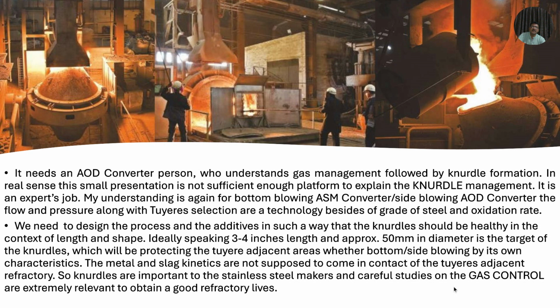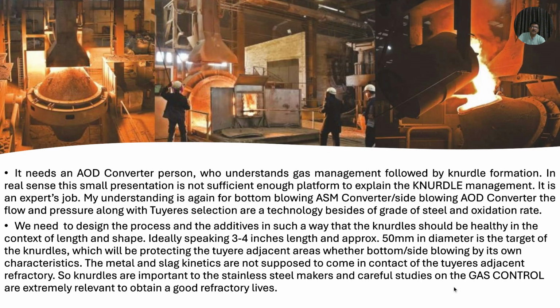My understanding is the same for bottom blowing converters and side blowing AOD converters. The flow and pressure along with tuyere selection are a technology, besides grade of steel and oxidation rate. We need to design the process and the additives in such a way that the nozzles remain healthy in the context of length and shape.